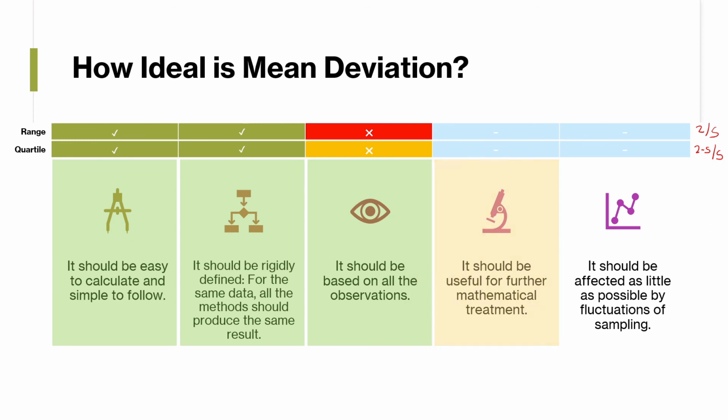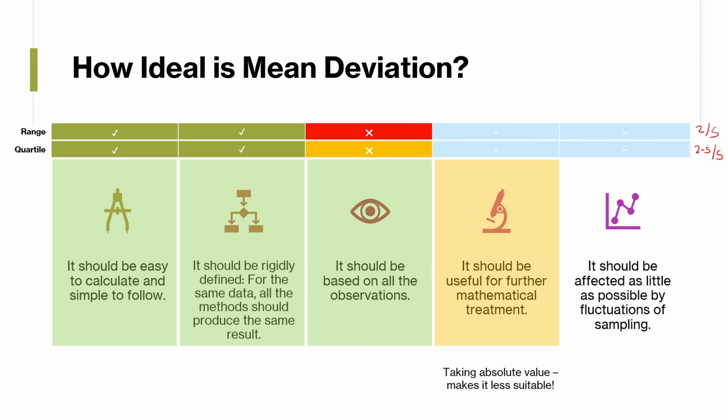And when it comes to further mathematical treatment, there's a small problem. As I told you, we are taking absolute value in our formula, and absolute value has limitations in further mathematical treatment. So it is useful, it is rigidly defined, and it overcomes the problem with quartile deviation and range, that it is based on all observations.